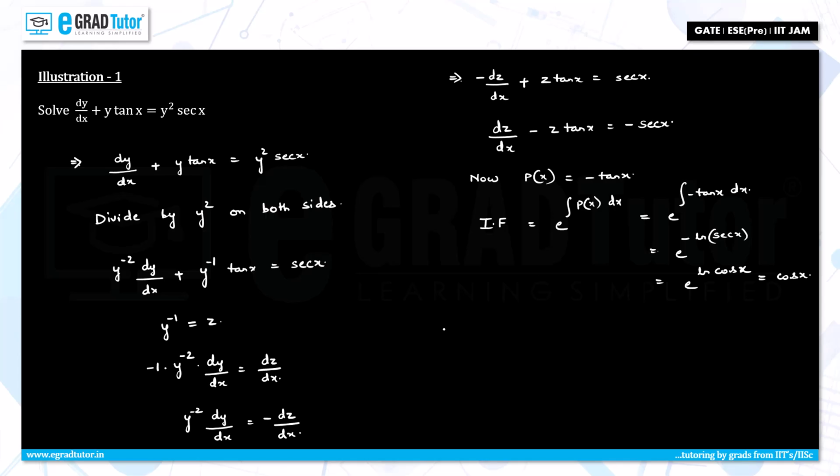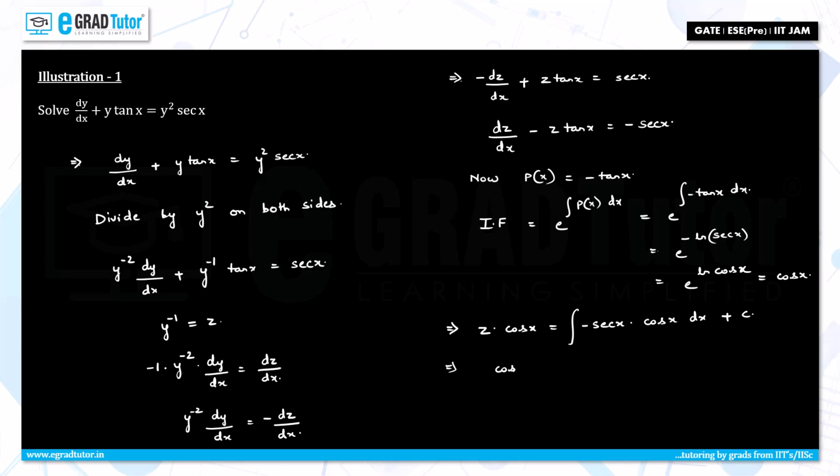Let's write the general solution. What is the general solution? z times cos x is equal to the integral of -sec x cos x dx plus c. What is z equal to? 1 by y.